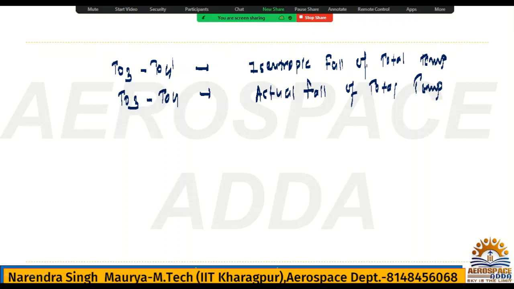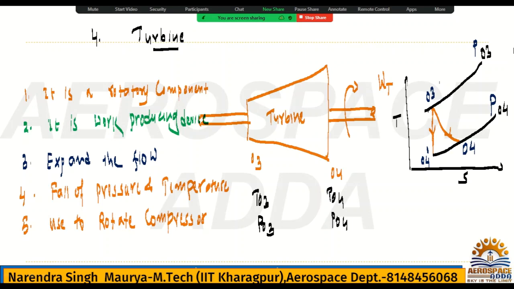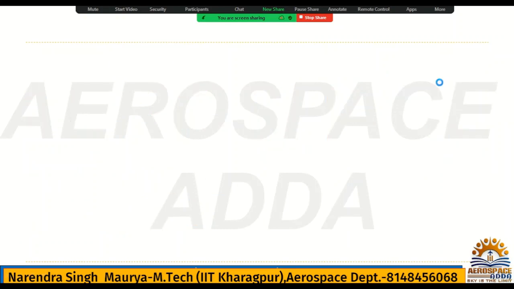So as I have shown you this full scale TS plot already, you had seen, so no need to go in very deep detail. Only this turbine component I have shown you. There will be fall of the pressure and fall of the temperature because it is expanding the flow. And one more thing, it is a work producing device, a turbine. So if it is work producing device, so let me show you this.